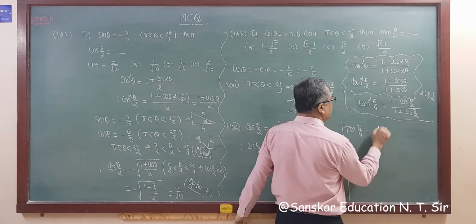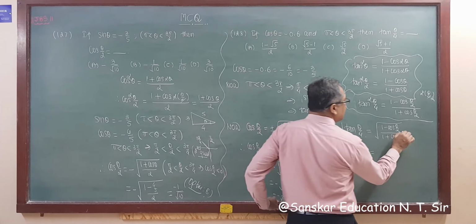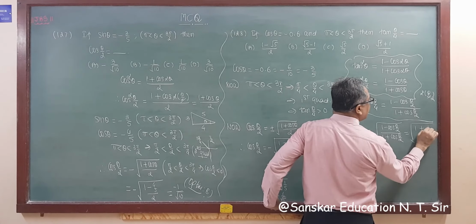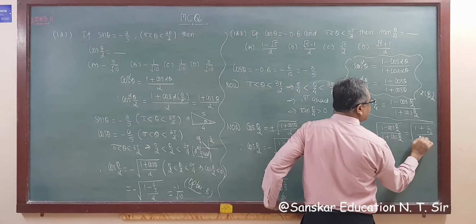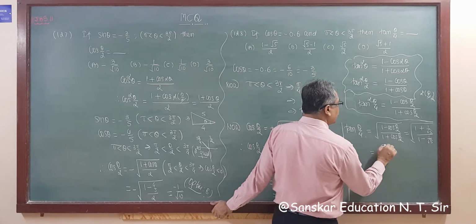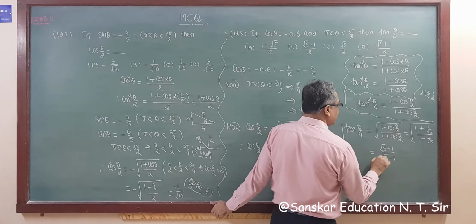Now cos theta by 2 is minus 1 upon root 5. So substituting this value, square root of 1 plus 1 upon root 5, and 1 minus 1 upon root 5. Taking LCM, this is root 5 plus 1 upon root 5 minus 1, under a square root.